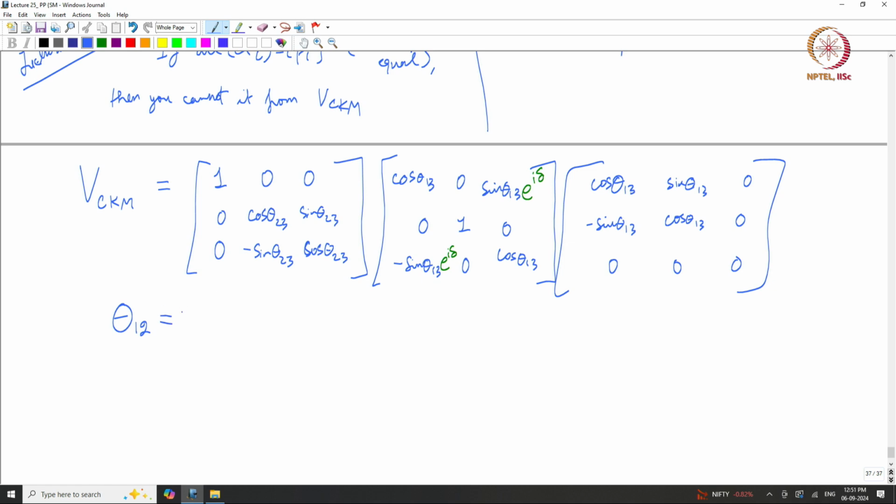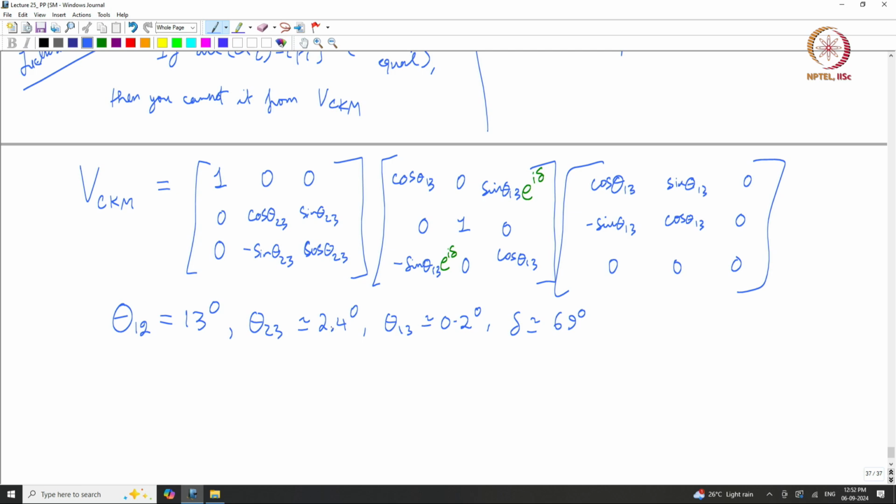So, theta 12 turns out to be 13 degrees, theta 23 turns out to be around 2.4 degrees, theta 13 turns out to be around 0.2 degrees, and delta is around 69 degrees.